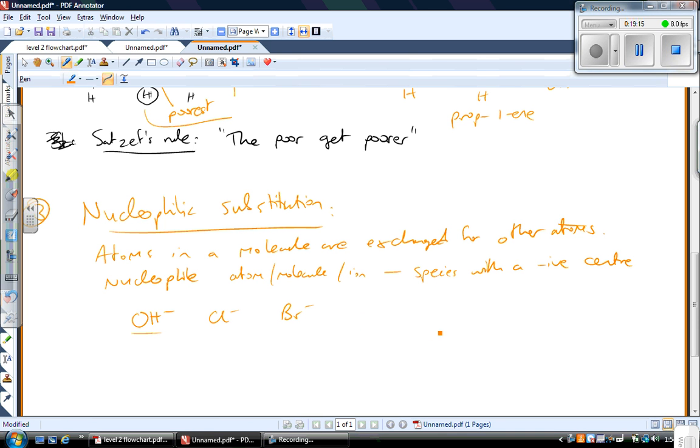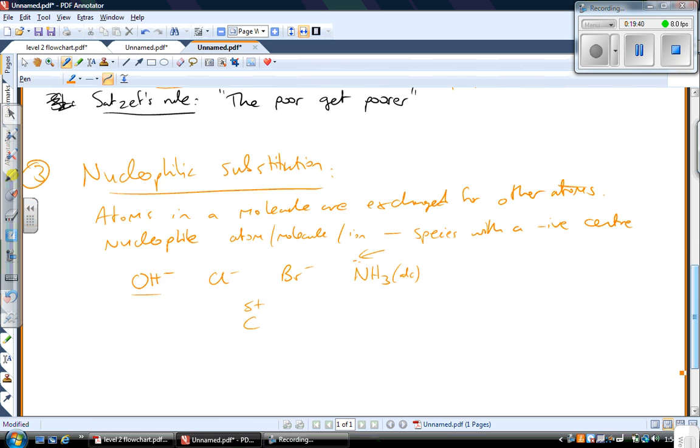Another example of substitution would be ammonia, alcoholic. The nucleophilic center here is from the lone pair of electrons on your nitrogen. So in all cases, all of these species have some sort of negative center which attacks a carbon which is slightly positive within the organic molecule that you're trying to attack.